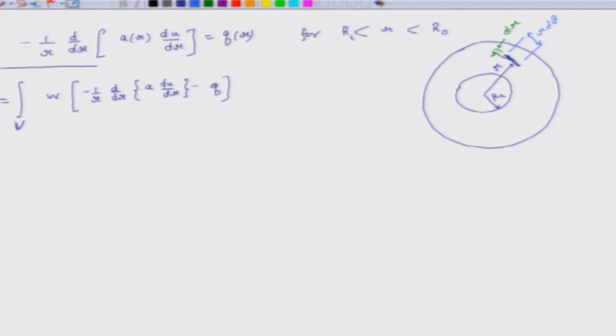So, the volume of an element will be, since I will be integrating with respect to volume, dV equals r times d theta times dr, which is the area of this small cross section element, and then in the z direction it is dz.